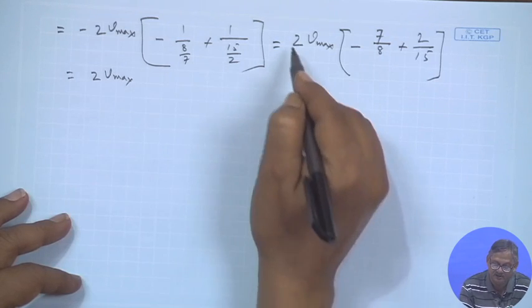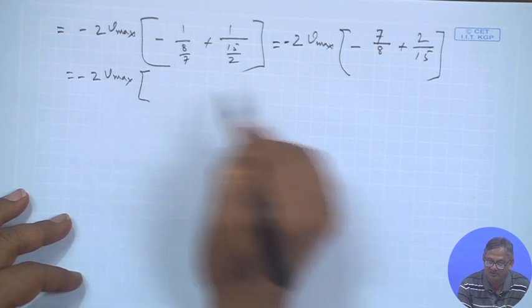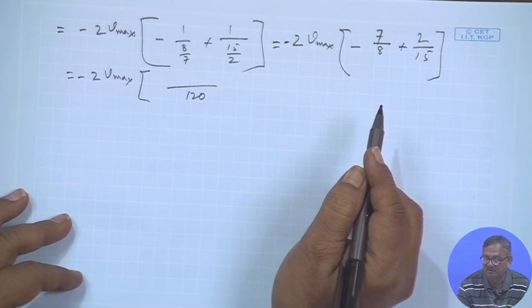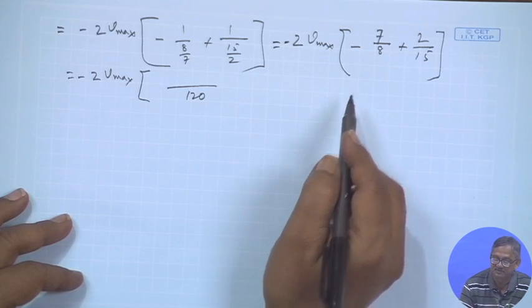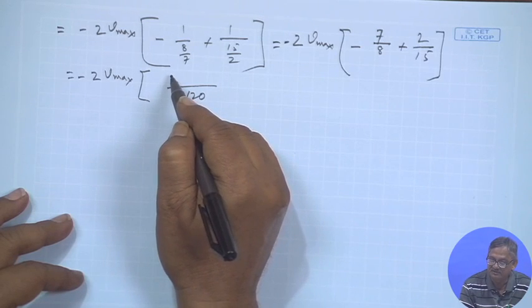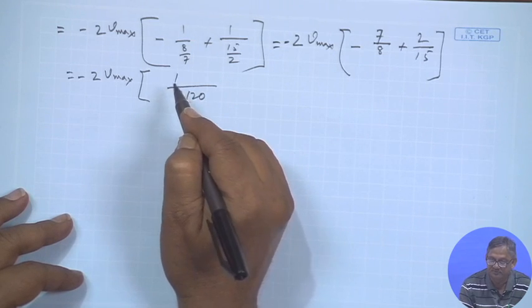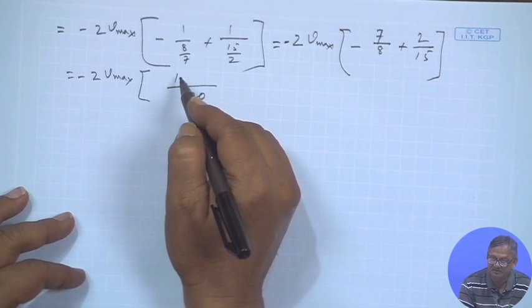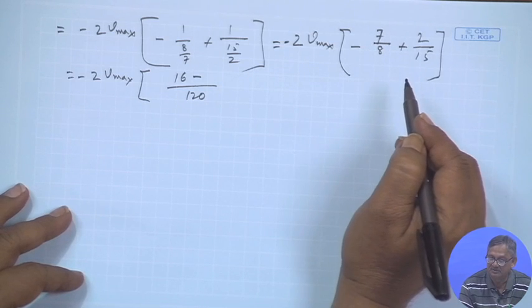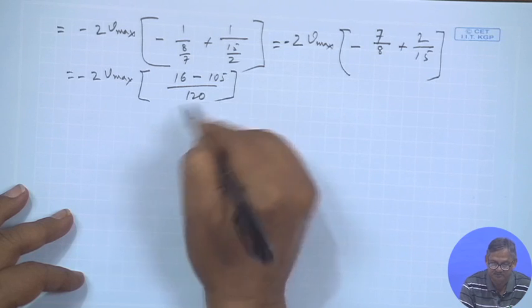Of course, here we had a negative which we forgot, minus 2. Now 15 times 8 is 120, and this becomes 15, 8 twos are 16, and 15 sevens are 105.